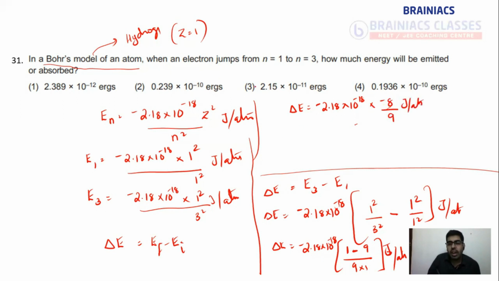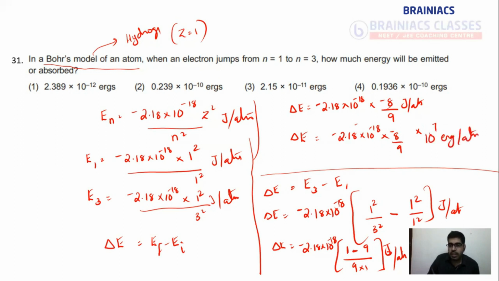Now, here the answer is given in ergs, so this joules value is converted to ergs. How to convert joules to ergs? Joules are converted to ergs by multiplying with 10 raised to 7, ergs per atom.